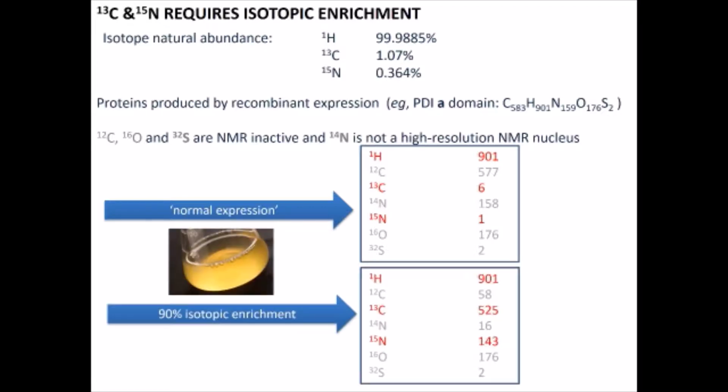With a nice 90% isotopic enrichment, then you suddenly have 525 carbon-13 and 143 nitrogen-15. So most of your carbons and most of your nitrogens will be active in NMR, and you will be able to see the peaks and follow reactions in short periods of time.